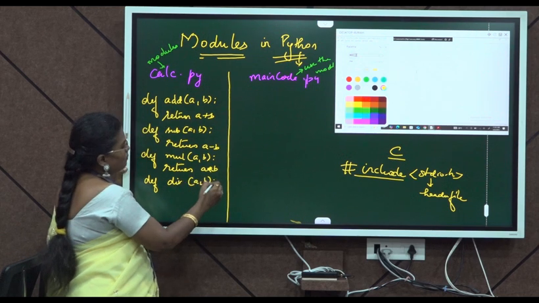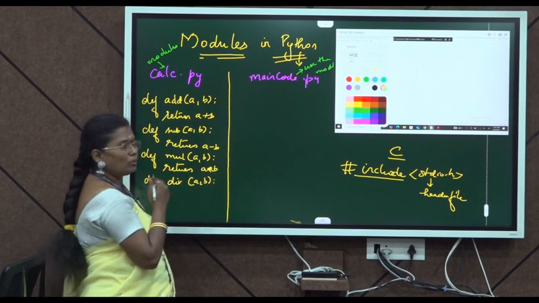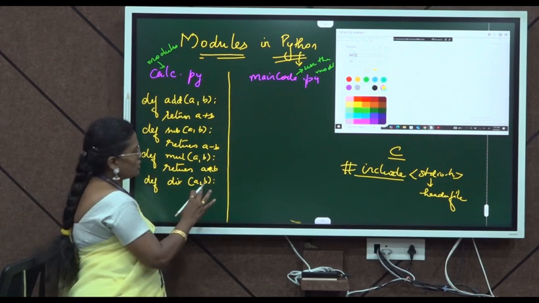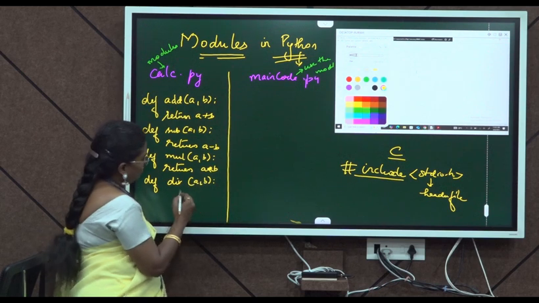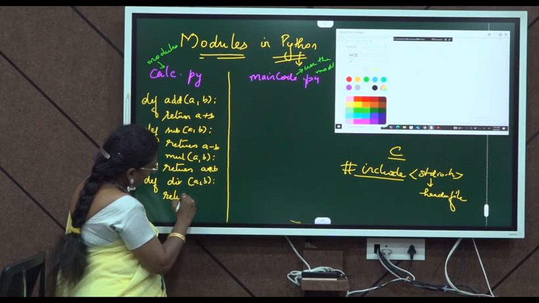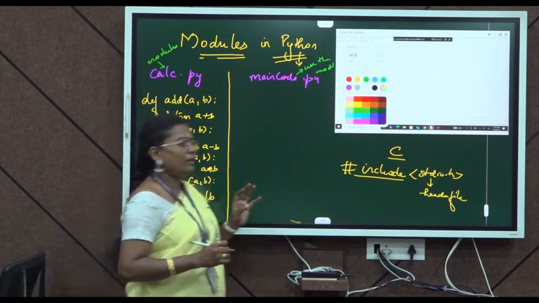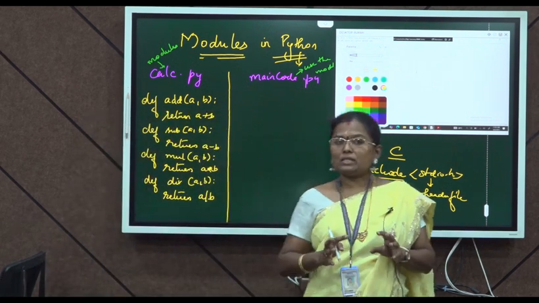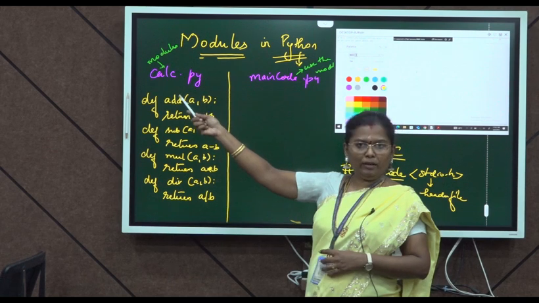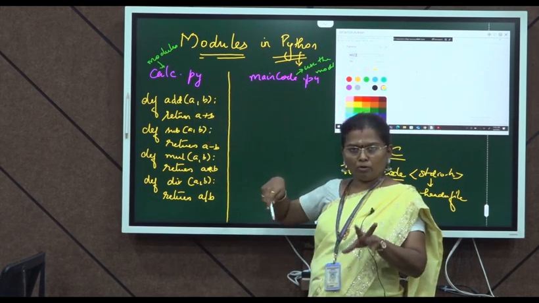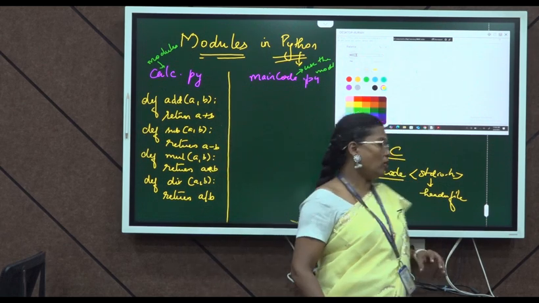Here I am going to write a simple code, so I am not going to have any denominator checking. I am imagining that b will never be 0. So return a by b. So I have written 4 different functions which are present under the file called calc.py. This calc.py is going to act as a module which is having 4 different operations.